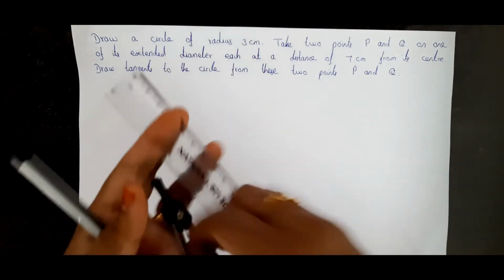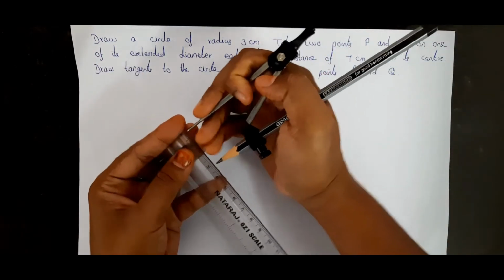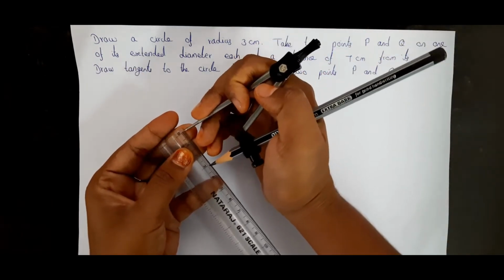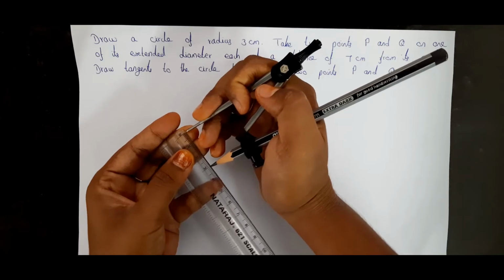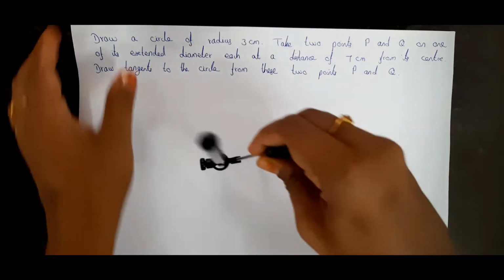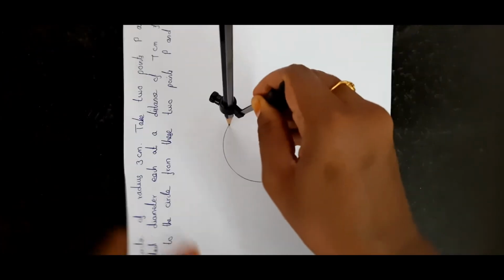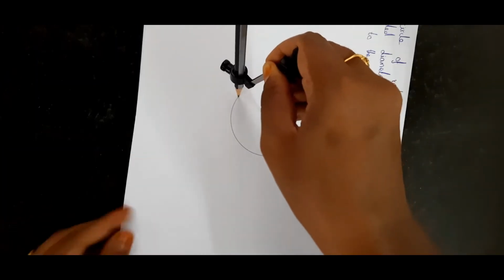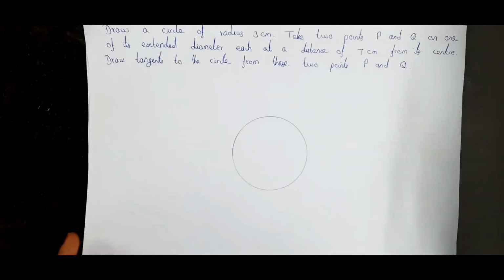So using a compass, we have to take 3 cm. Okay, 3 cm radius. We need to do a circle first. So I have drawn a circle. Okay, we completed a circle.